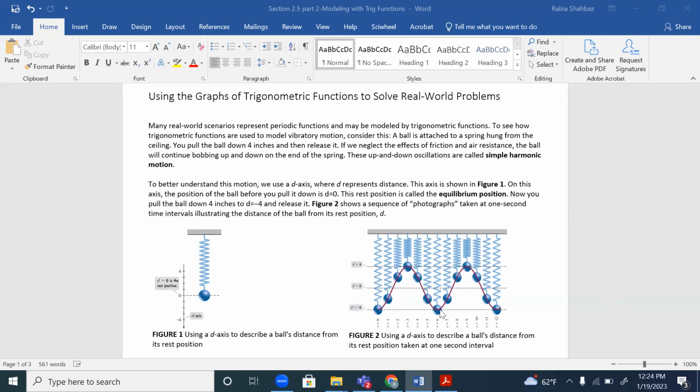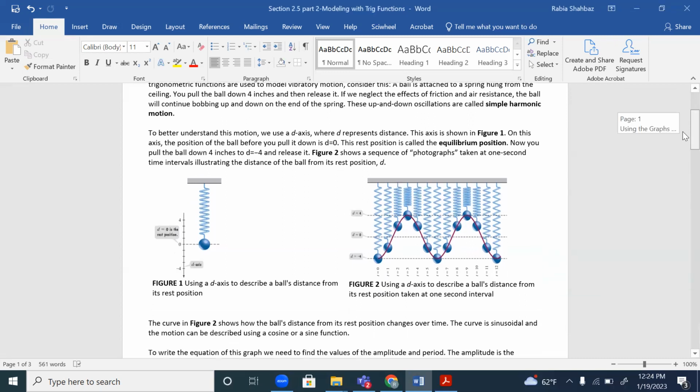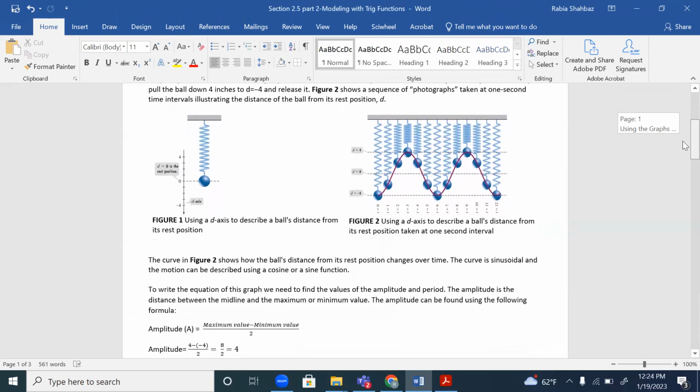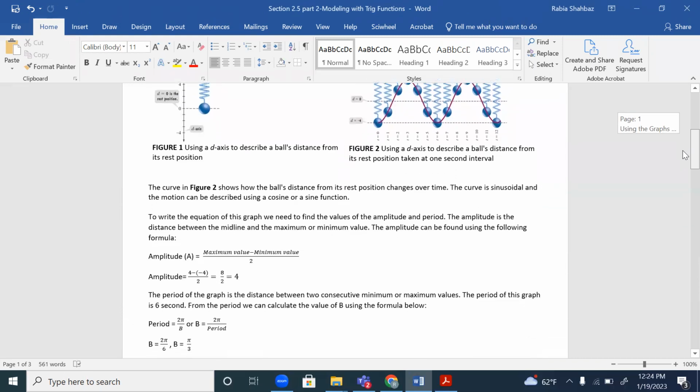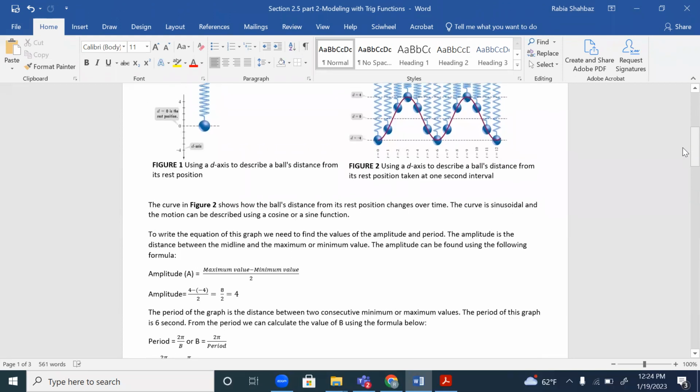And before we even notice the period, we notice the min and max as -4 and +4, which means the d value, which we calculate by finding the average between the minimum and maximum value, is going to be 0. So there's no vertical shift. It is oscillating about the x-axis in this case.